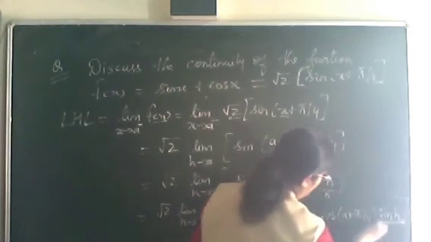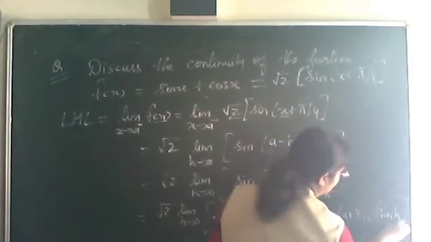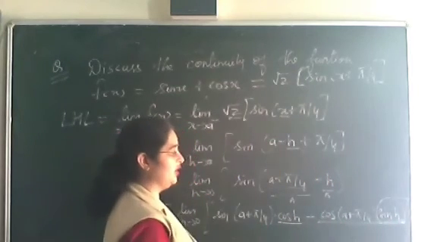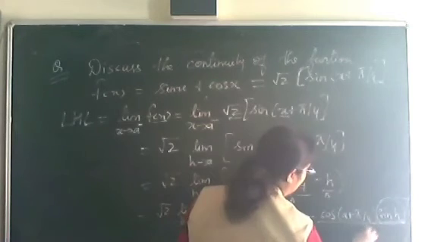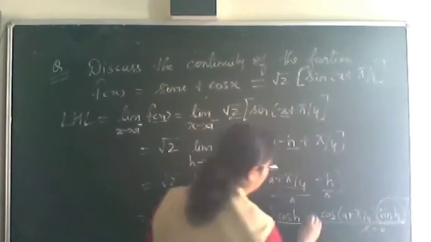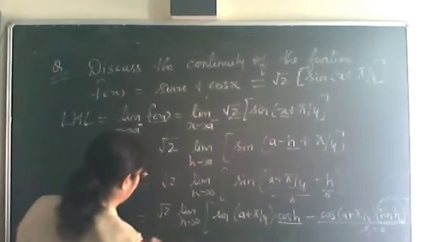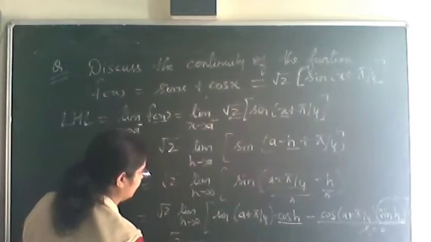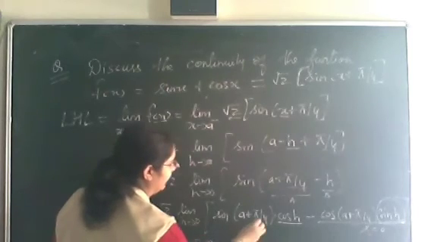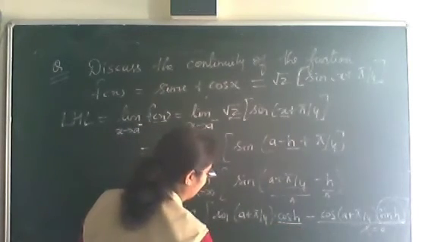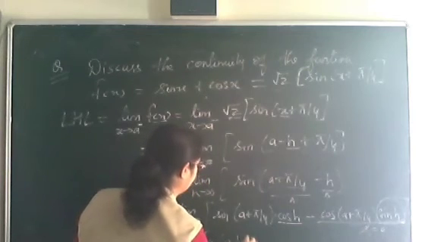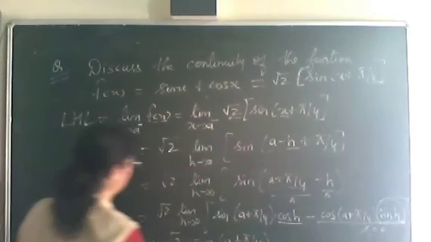Now this whole term will become 0 because sine h is what? Sine 0 is 0. So this term will be cancelled. This will be equal to 0. We will not take this term. So it will be root 2 times sine a plus pi by 4. Cos 0 is 1. This is your LHL.